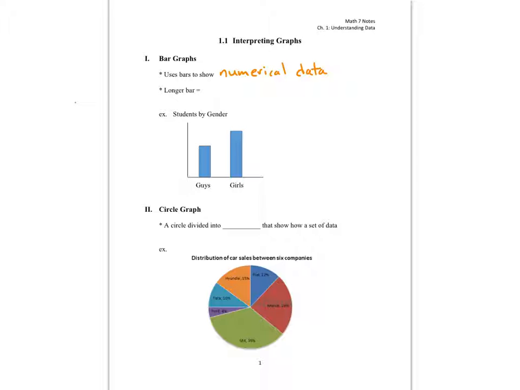Numerical is just a fancy way of saying number data. And a longer bar would equal a larger number.